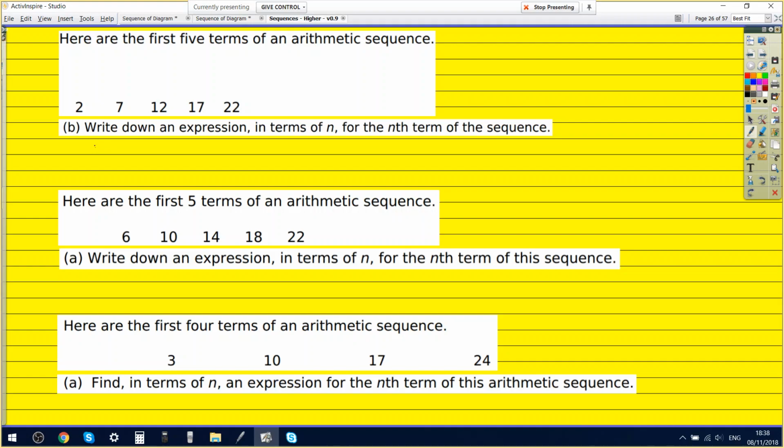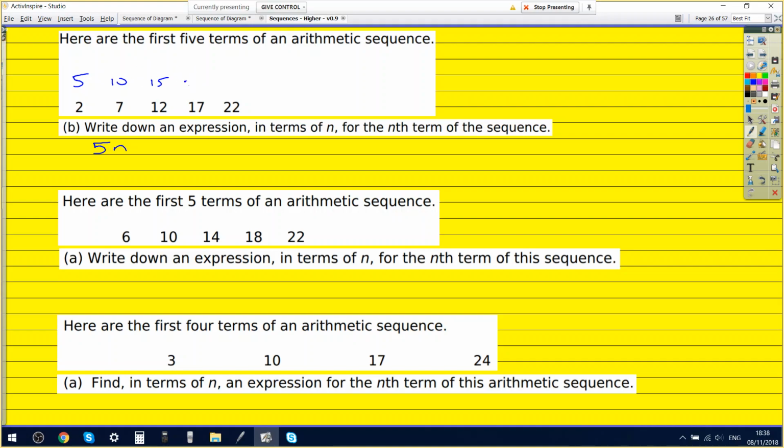5n. Yeah, so 5n is the 5 times table. So how is this different from the 5 times table? 5n is like 5 times 1, 5 times 2, 5 times 3, 5 times 4.